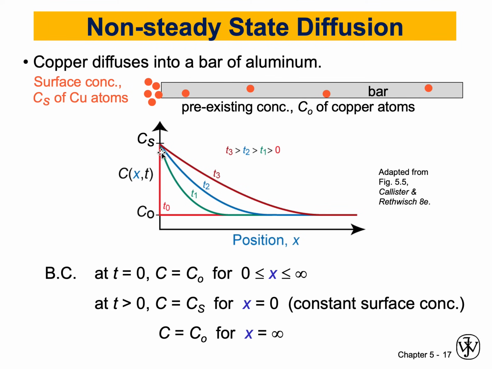But what's happening is that at this location, instead of having C0, I now have more copper coming in. So it's whatever is inside the aluminum plus diffused atoms. And at time 2 I will have more, at time 3 I will have even more.